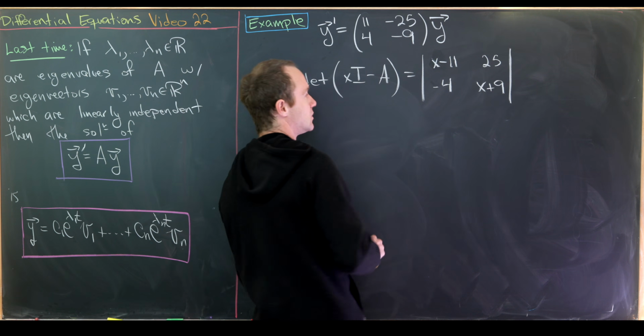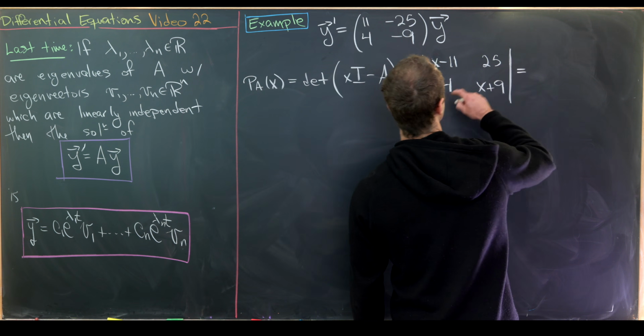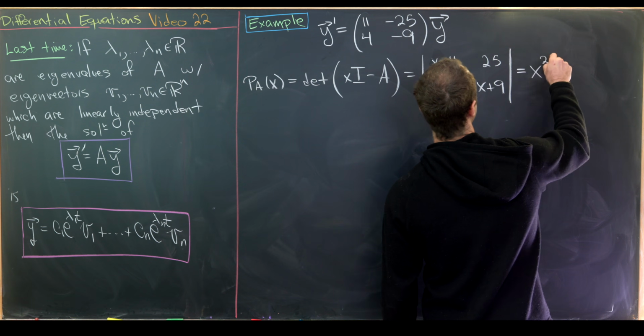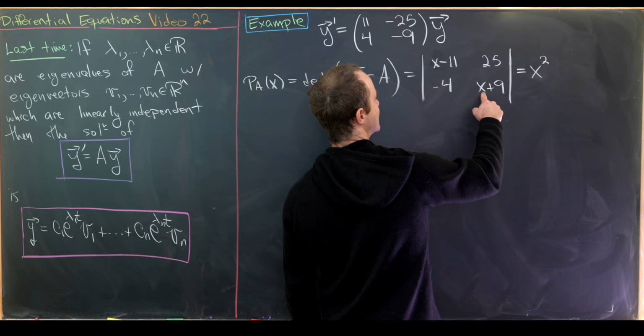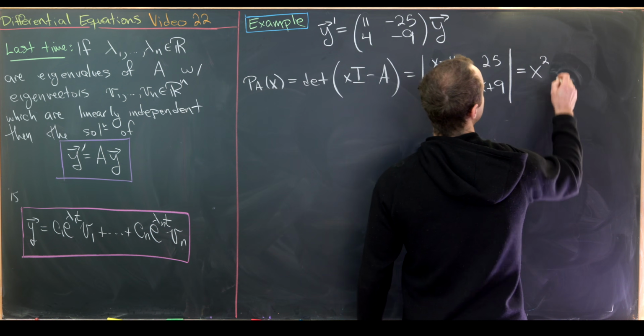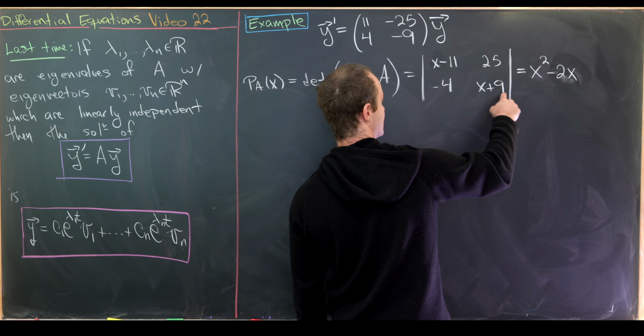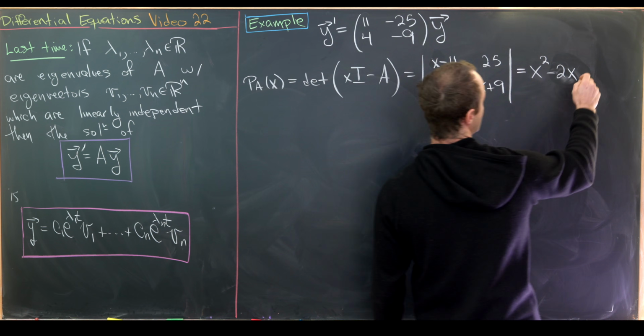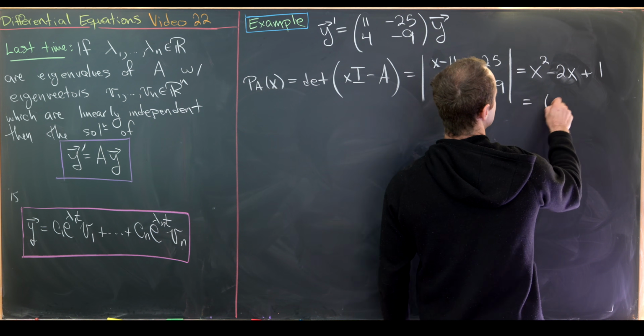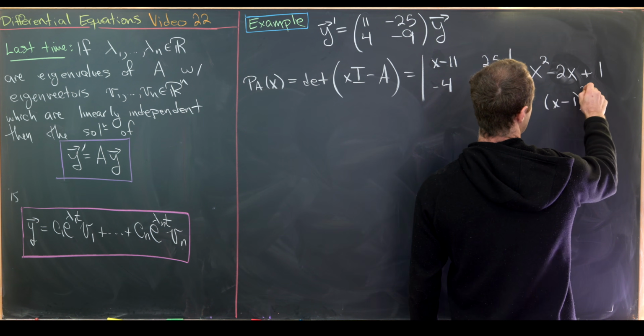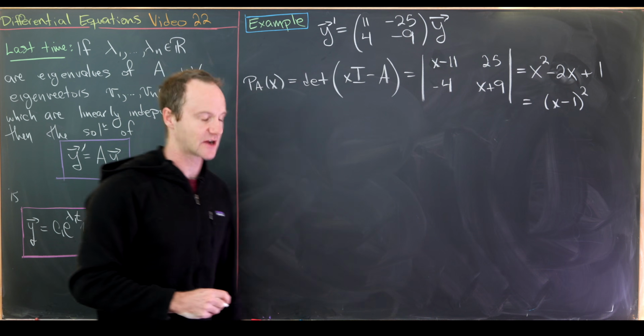Let's multiply this out. This will give us x squared, and then minus 11x plus 9x, so that'll be minus 2x, and then minus 99. But let's notice we have to add 100, so that'll be plus 1. That gives us (x minus 1) quantity squared if we were to factor it out.